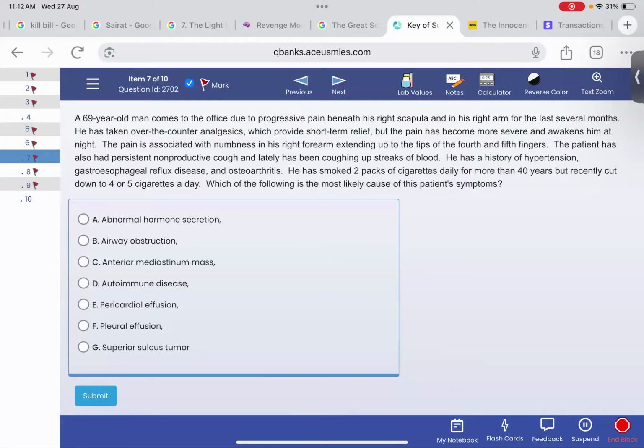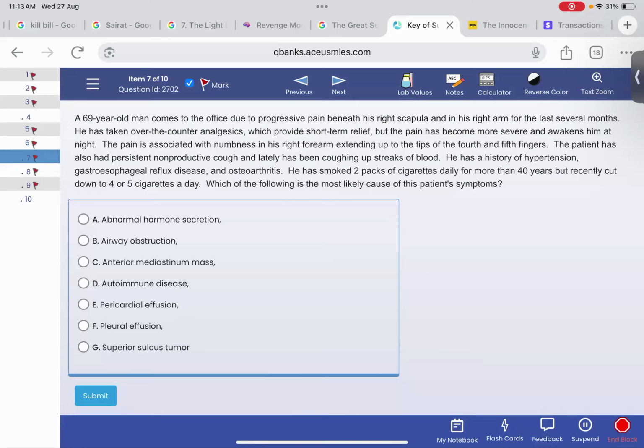The pain is associated with numbness in his right forearm, extending up to the tips of the fourth and fifth fingers. The patient has also had a persistent nonproductive cough and lately has been coughing up streaks of blood. He has a history of hypertension, gastroesophageal reflux disease, and osteoarthritis. He has smoked 2 packs of cigarettes daily for more than 40 years, but recently cut down to 4 or 5 cigarettes a day. Which of the following is the most likely cause of this patient's symptoms?